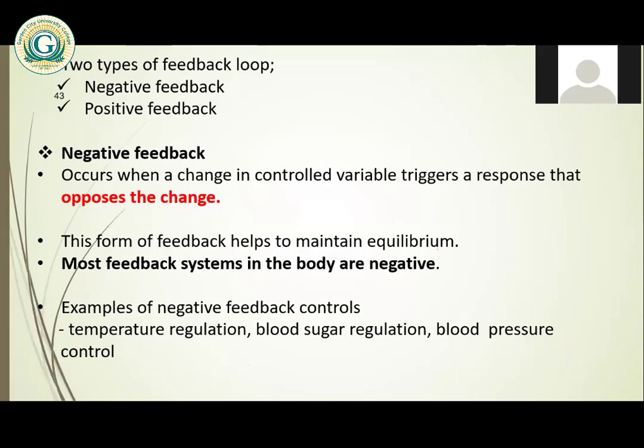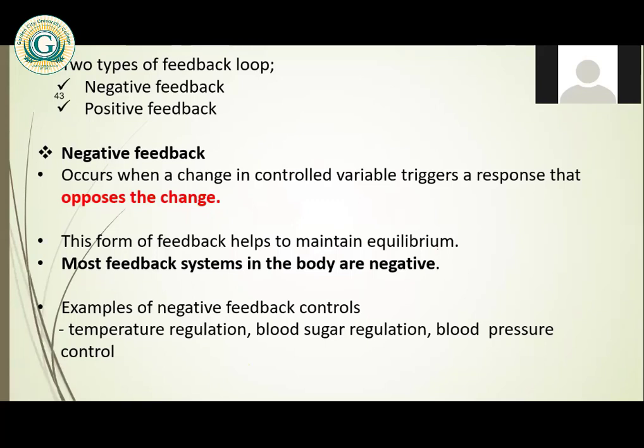So negative feedback occurs when a change in a controlled variable triggers a response that opposes the change. Most of the mechanisms that help maintain body homeostasis are negative feedback.